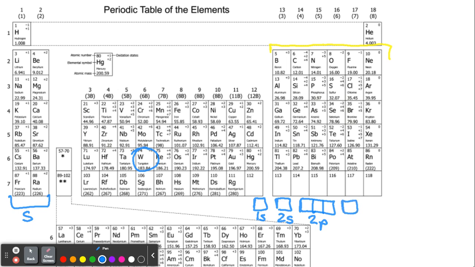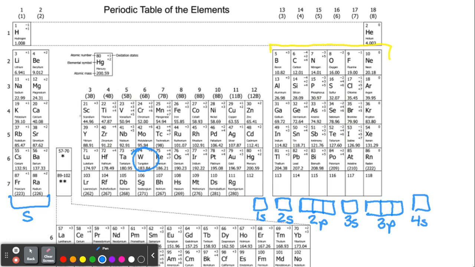Okay, then we would move on to 3s. Again, 2 electrons can go in the 3s, so 1 box, and then we move on to 3p. And 6 electrons go in 3p, therefore 3 orbitals. After 3p, we have 4s.